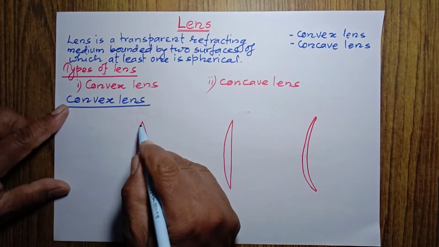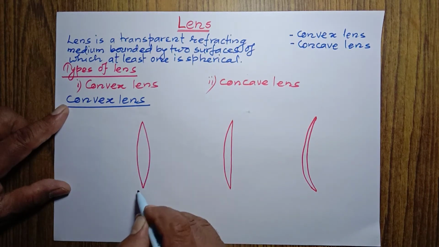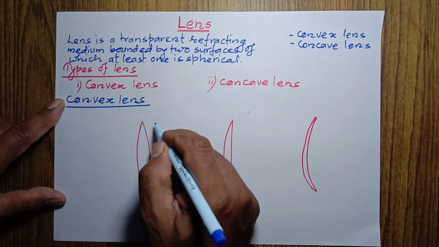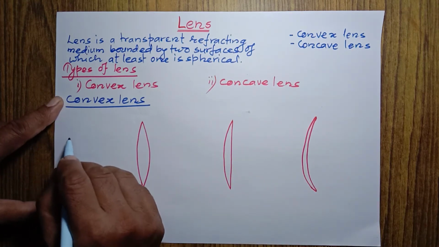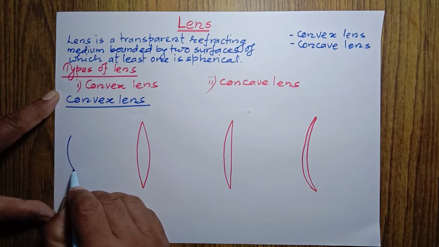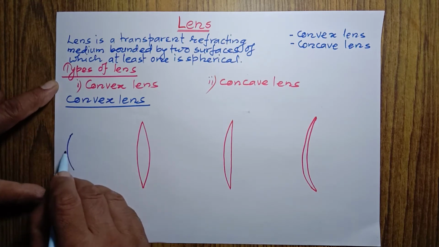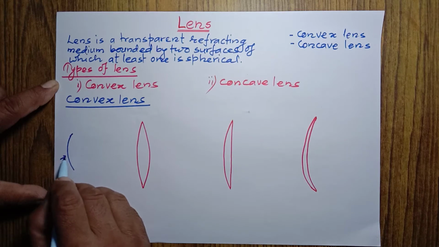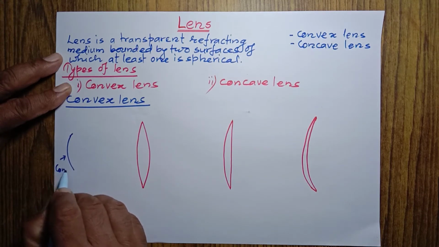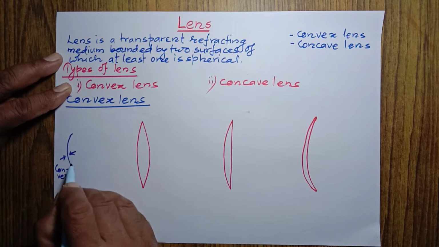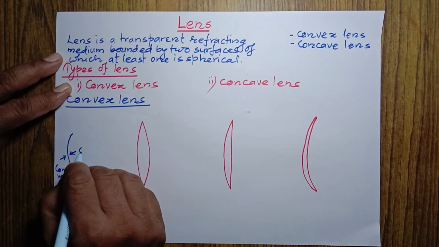But both the surfaces are convex. Do you know what is a convex surface? If we have a surface like this, the surface which is bulged out is called convex. But the surface which has gone inside is called concave.